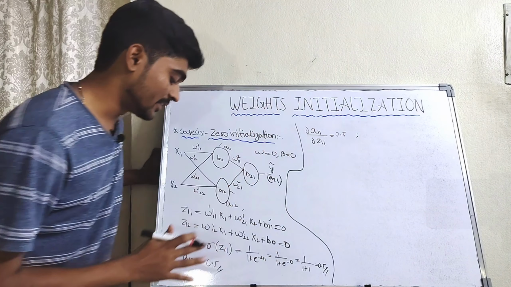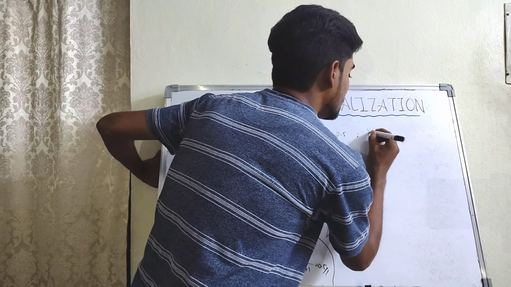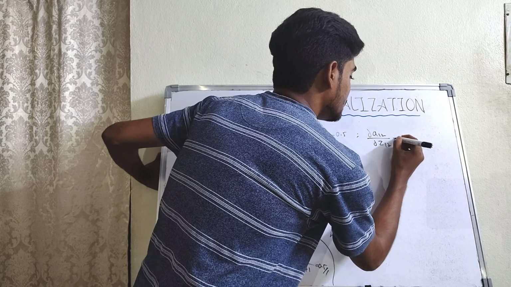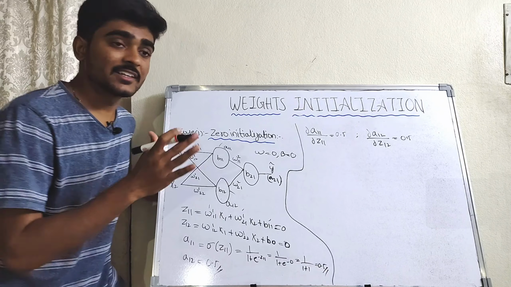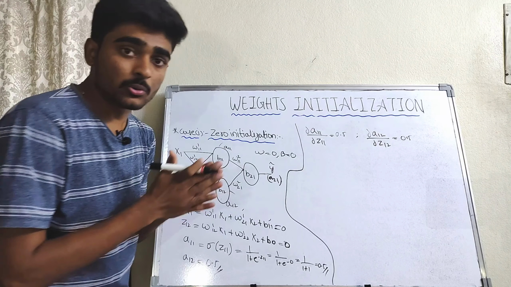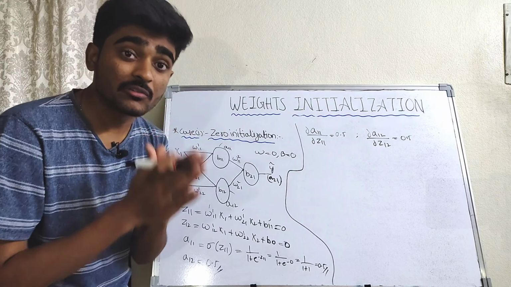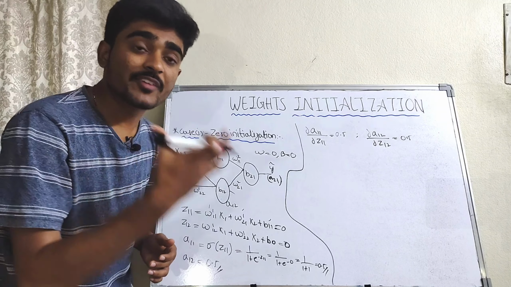Similarly, we need to calculate the derivative dou a12 by dou z12, and this is also 0.5. After calculating these derivatives, we need to calculate the value of the gradients. Why do we need to calculate the gradients? To update the weights and bias.